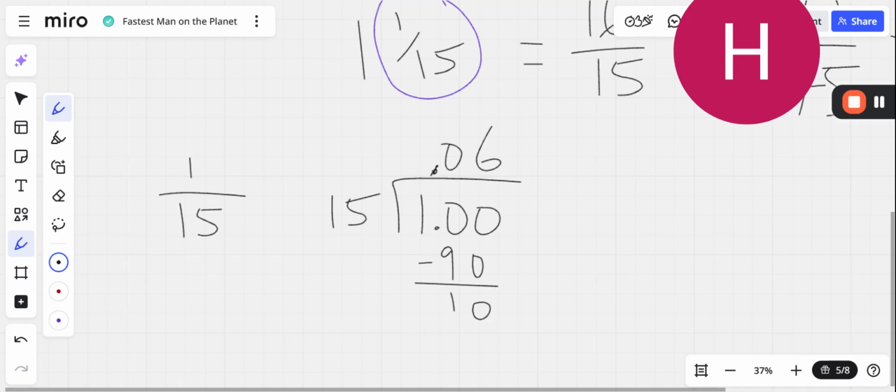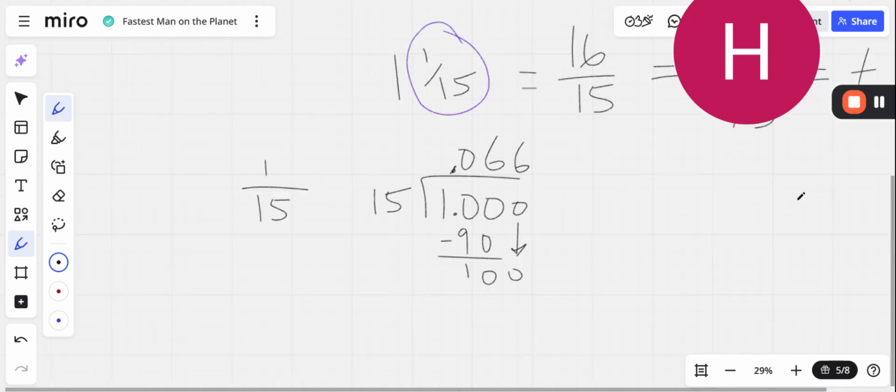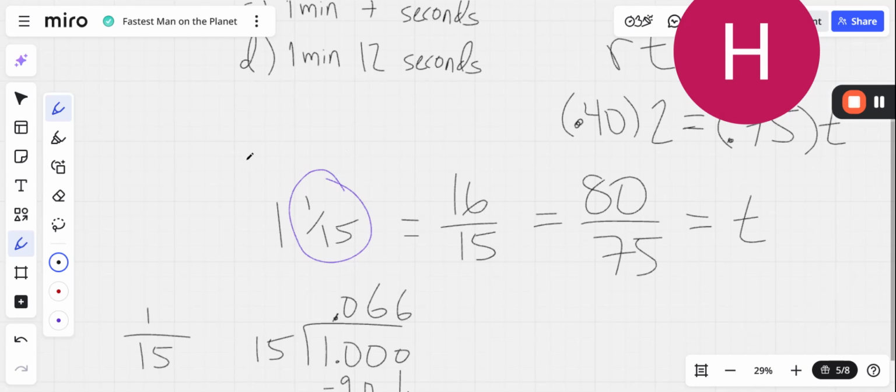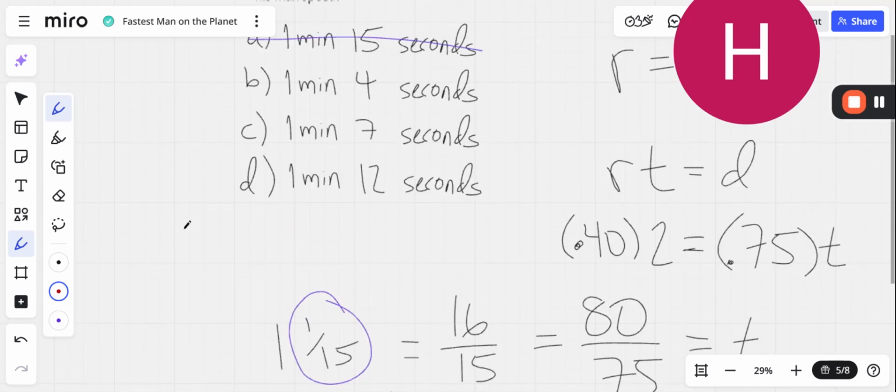That would give us a 10. We drop another 0 down, and we see that it's like 1.066 repeated, right? So another common mistake in this kind of problem is to pick, let's round this up. Let's round this up to 0.07. That means it's 7 seconds.